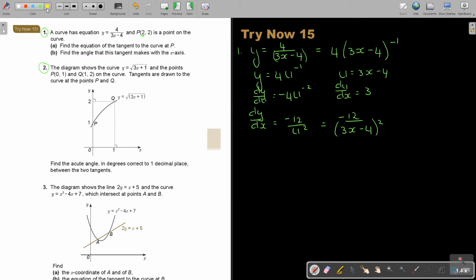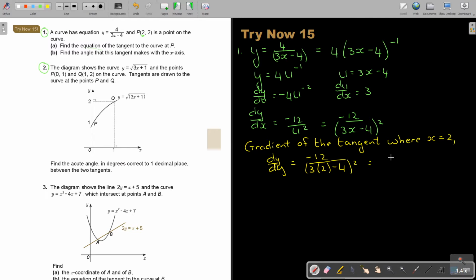So basically it's just dy/dx, the gradient, it's negative 12, and I substitute the 2 in the place of x, and then you square. 6 minus 4 is 2, squared it's 4, so the gradient is going to be negative 3.